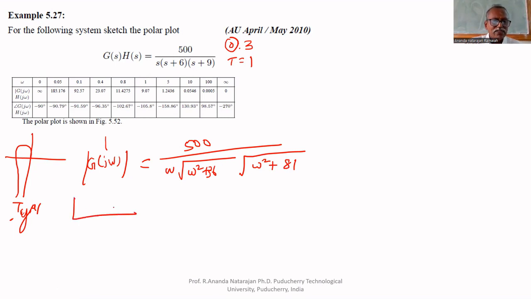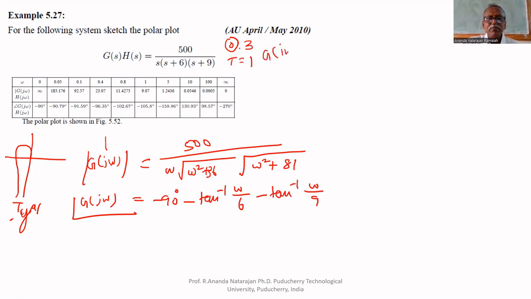What is the angle of G of j omega? G of j omega equals 500 upon j omega, j omega plus 6, j omega plus 9.